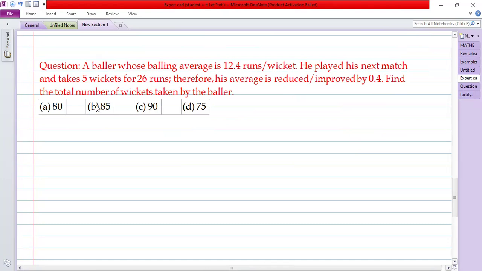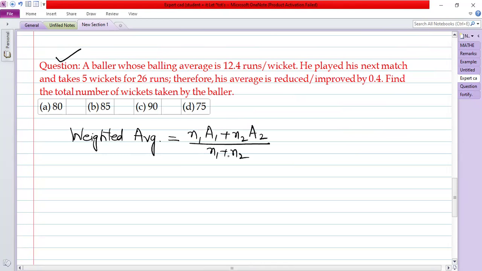Even this question I had discussed in the previous lecture. Here I will discuss it in another way. Actually, this question can also be solved by the concept of weighted average. It will be given by N1A1 plus N2A2 divided by N1 plus N2.